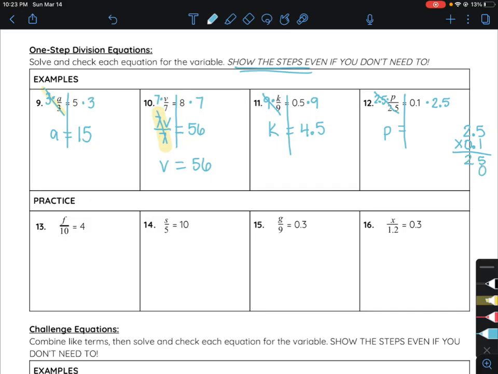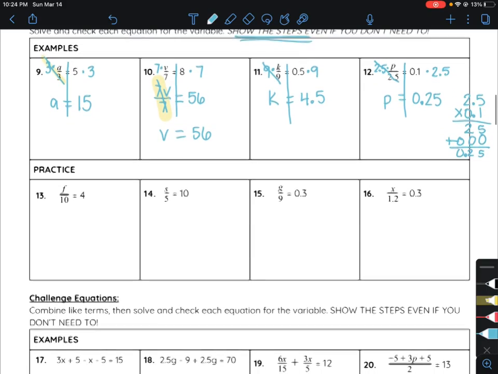It's really just going to end up moving the decimal point. So we get 0.25 as our answer for P.